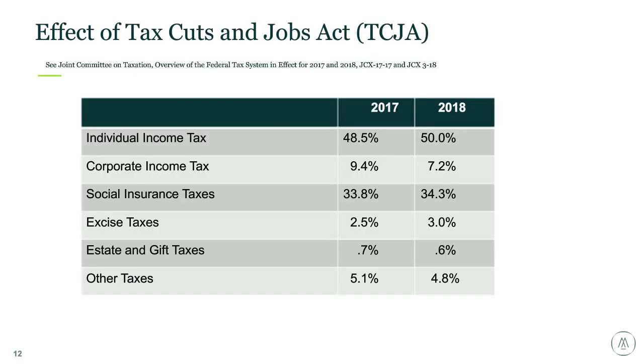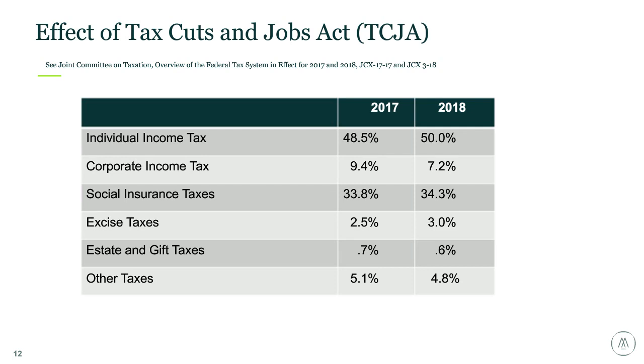Right now, if you take a snapshot picture of the effect of the Tax Cuts and Jobs Act, what they're looking at, if you look at last year to 2018, is that individuals' taxes have actually increased.